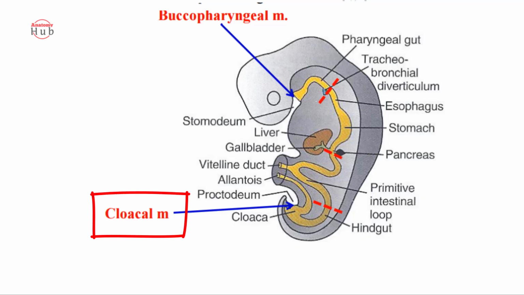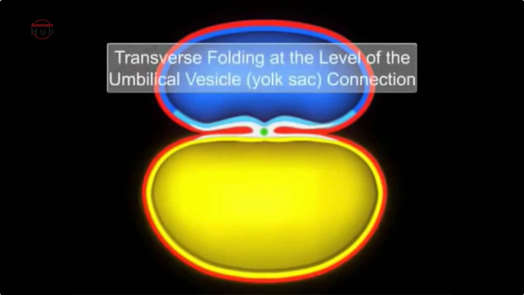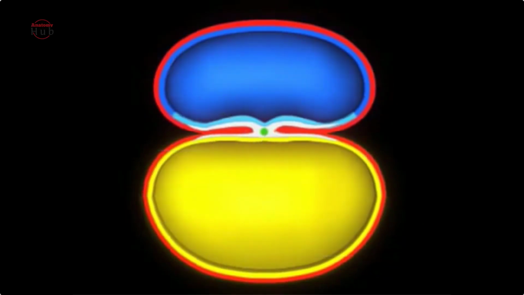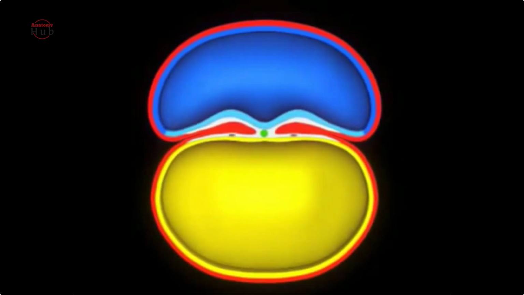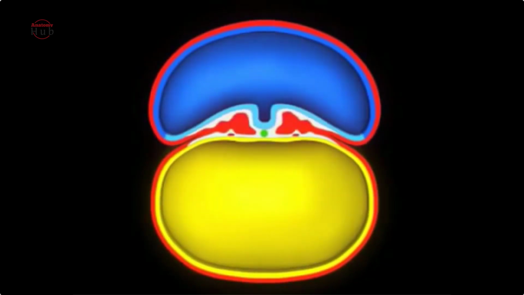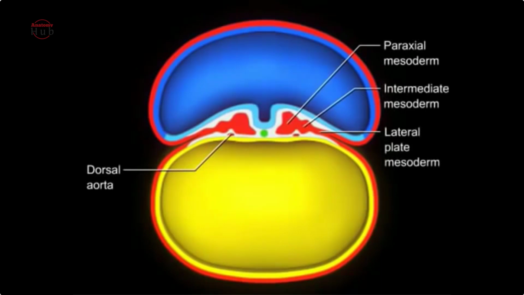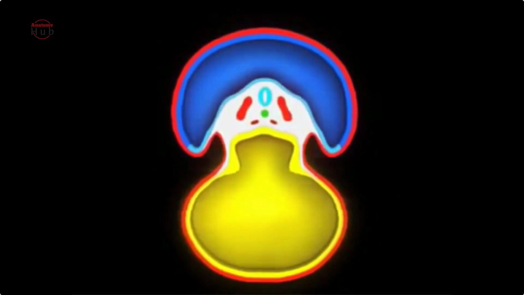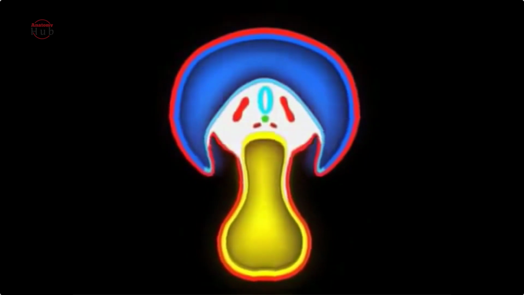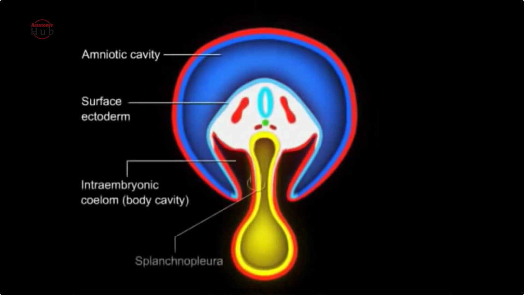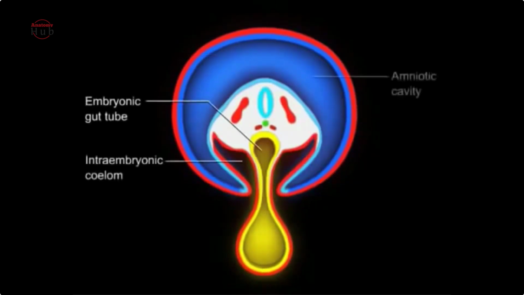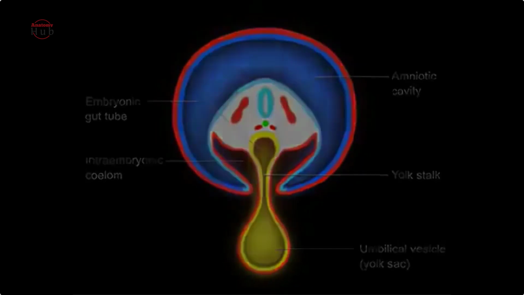Like that, lateral folding of the embryo will also occur. This occurs in the horizontal plane and is because of rapid growth of the spinal cord and the somites. This causes the embryo to become cylindrical. As the abdominal wall forms due to the lateral folding, part of the yolk sac is incorporated into the embryo as the midgut.